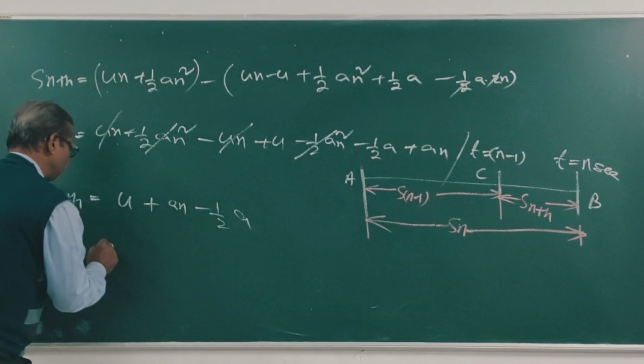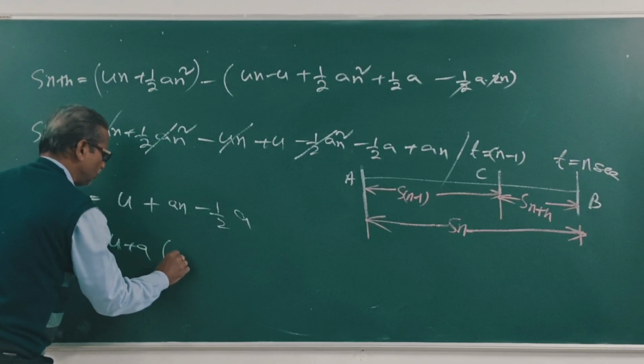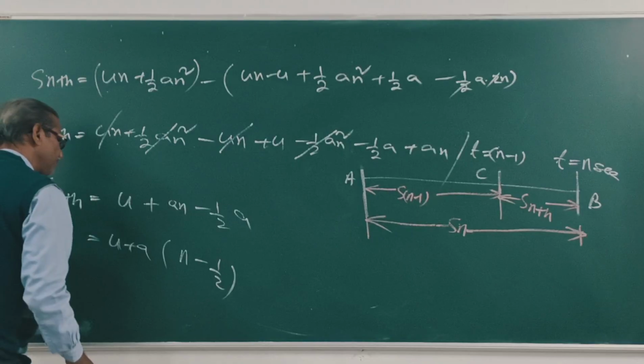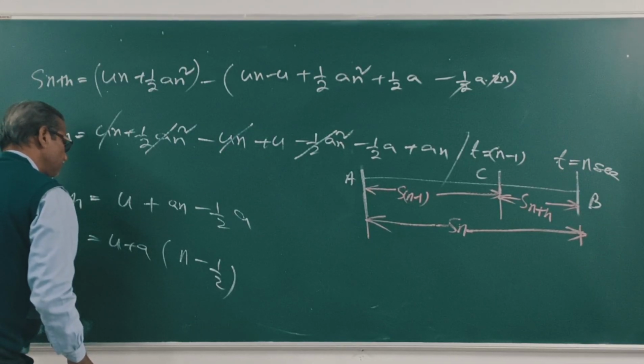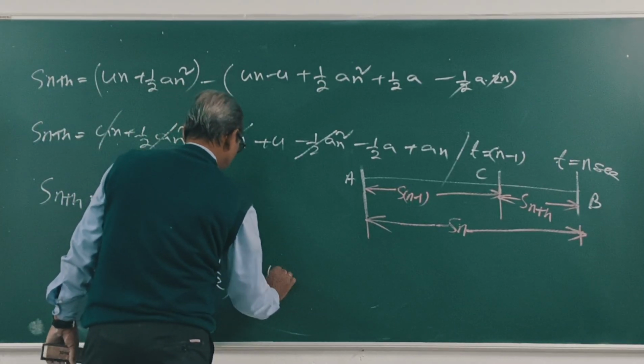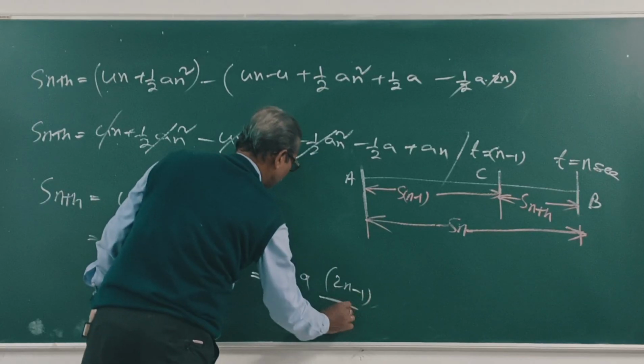This is equal to u plus a into n minus half. Clear? This is equal to u plus a into 2n minus 1 by 2.